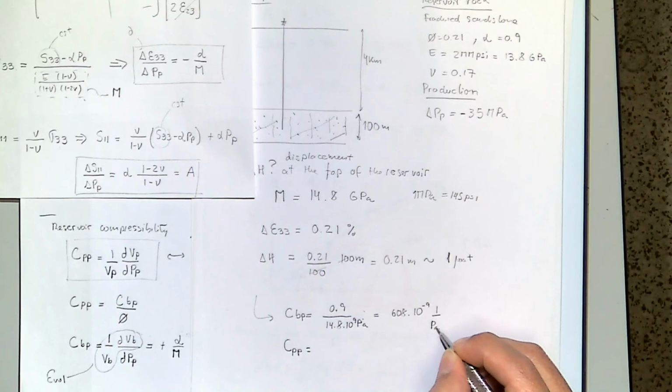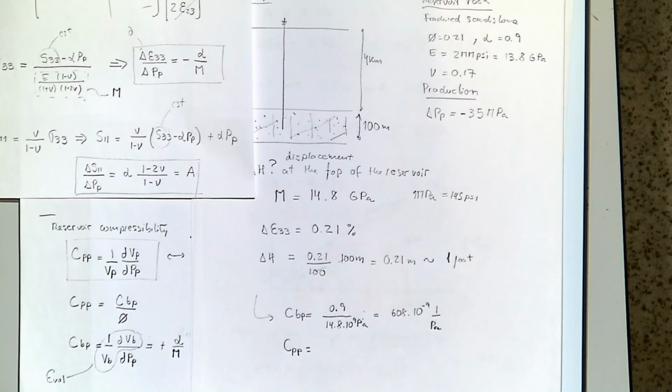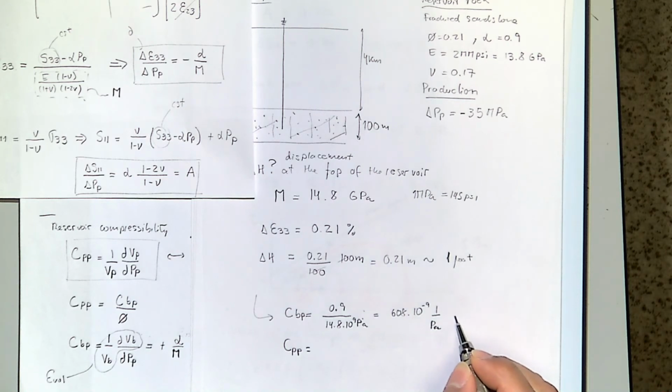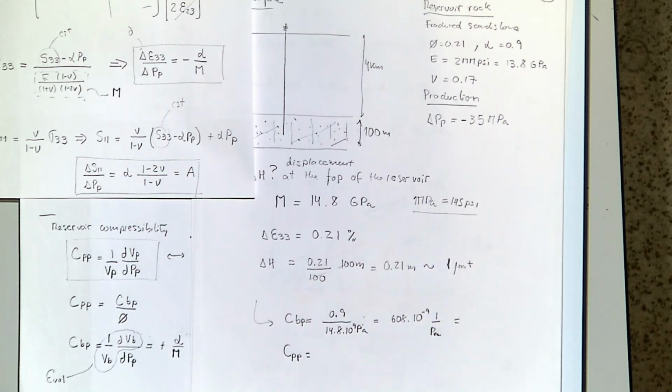And what about in terms of PSI? Remember, you have the conversion here. Is it 8.82 times 10 to the negative 9?